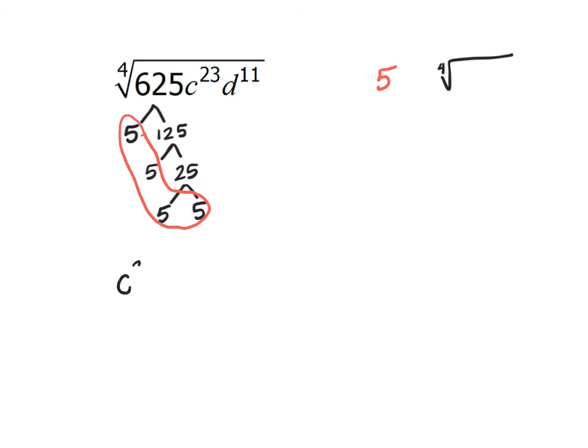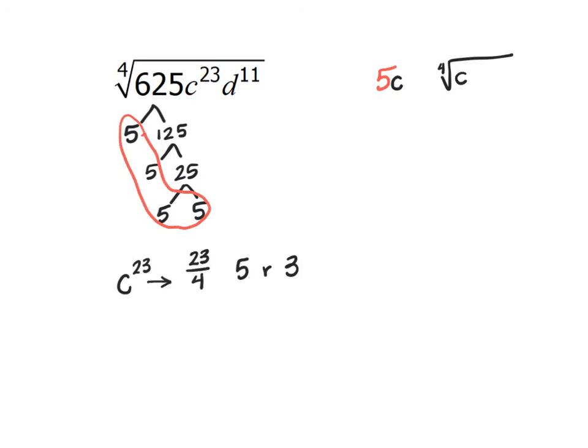Now c to the 23rd power. I'm going to keep the variable the same on the inside and on the outside. I'm going to divide the exponent by the index. So 23 divided by 4 is going to leave me with 5, remainder 3.